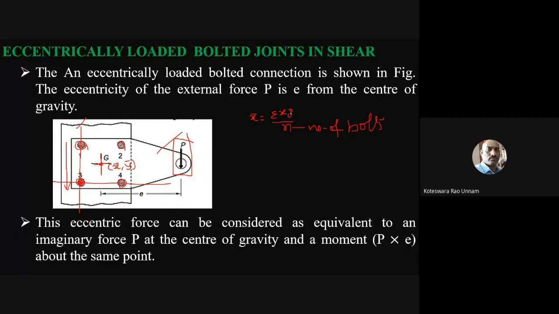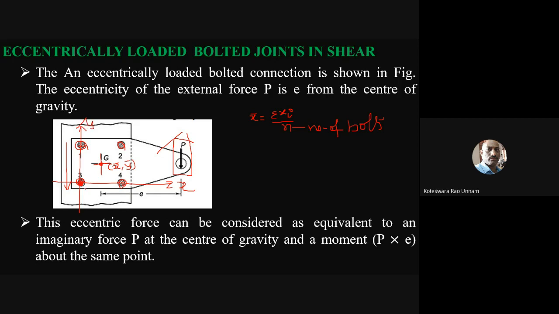Sigma xi means first you have to calculate the x coordinate with reference to this point. You need to calculate x1, x2, x3, x4. Since there are only 4 bolts, you have to compute x1, x2, x3, x4. I will choose this one as the x-axis and this one as the y-axis.